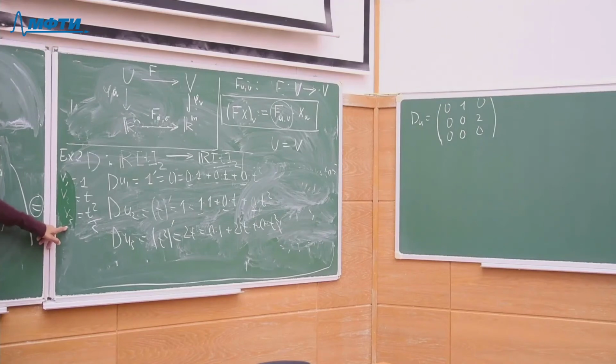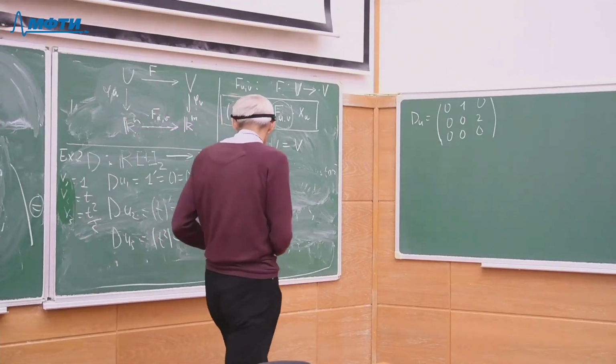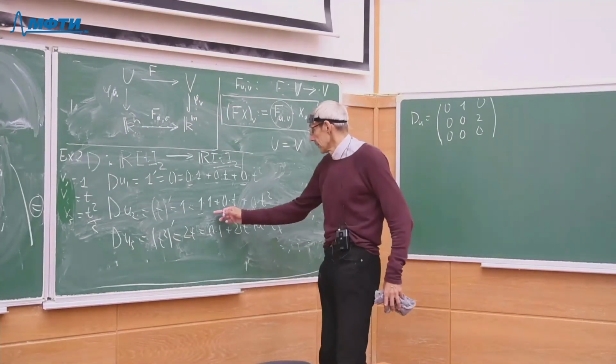I change only the third basis vector. I change t squared to t squared over 2. How to change?